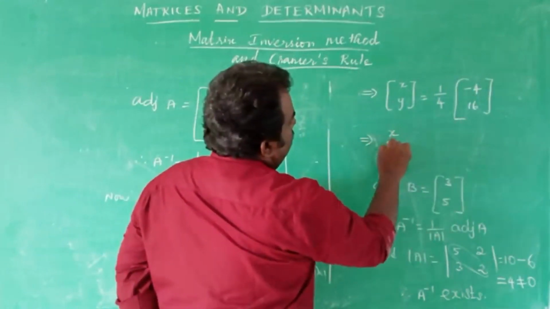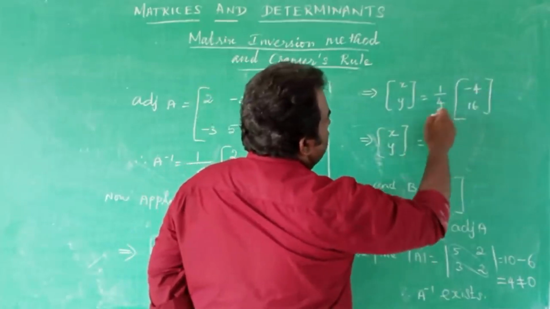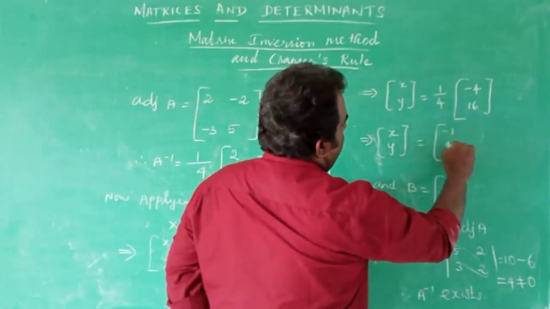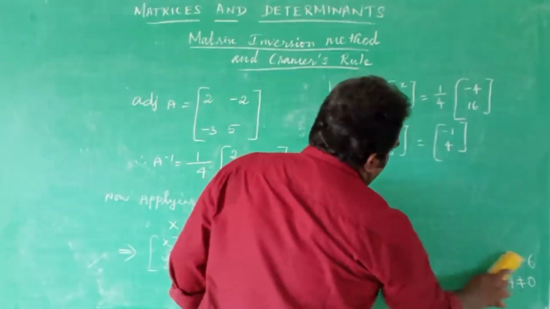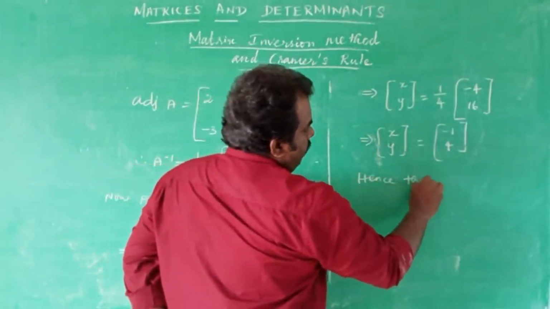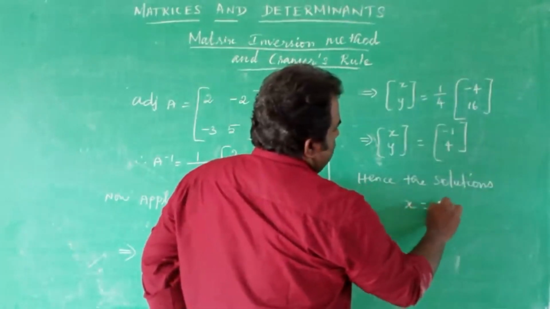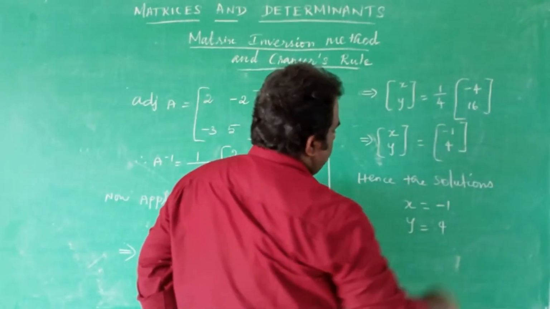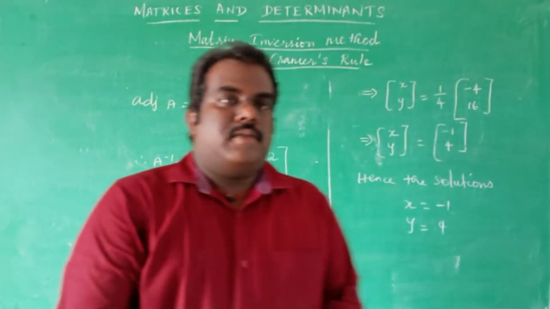Which implies the column matrix x and y is equal to, this can be divided by 4, we get minus 1 and 4. Hence the solution: x is equal to minus 1 and y is equal to 4. And just recall the sum.